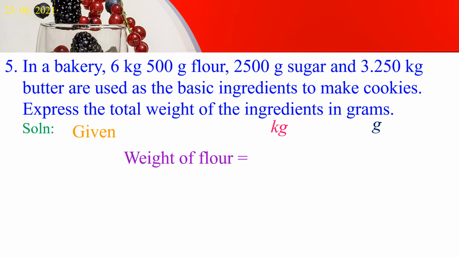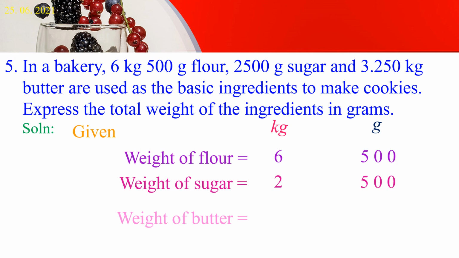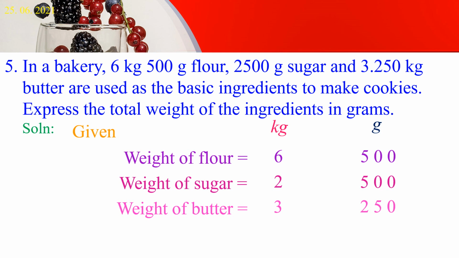We have to find the total weight, so we arrange separately, then it will be easy for us to add. Weight of flour is equal to 6 kg 500 g. Likewise, weight of sugar is equal to 2 kg 500 g. Weight of butter is equal to 3 kg 250 g.